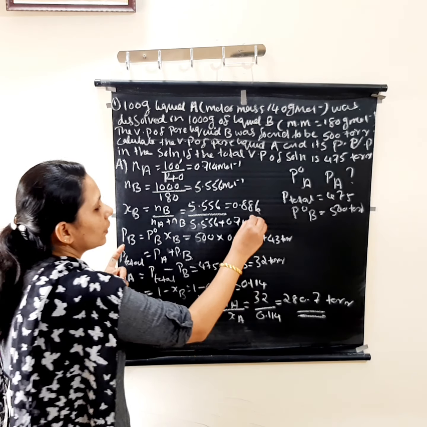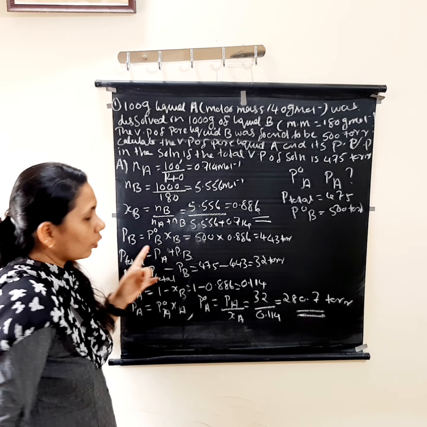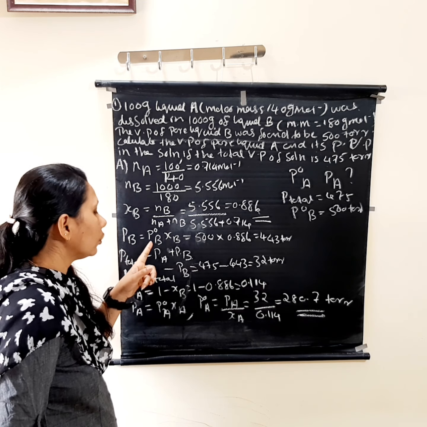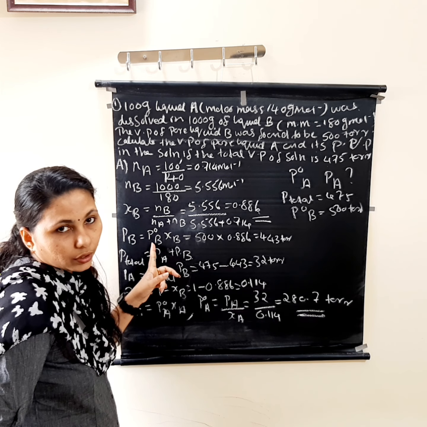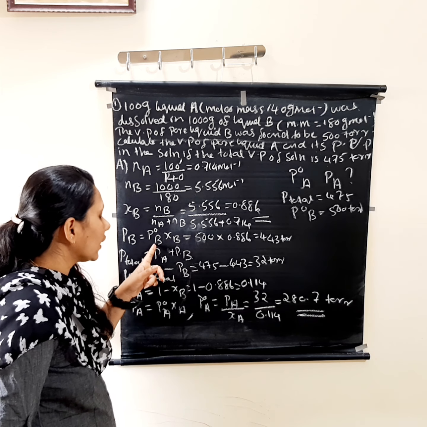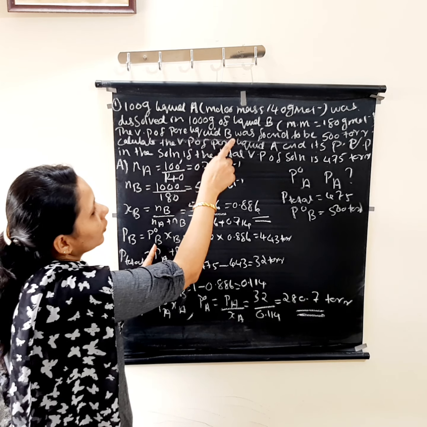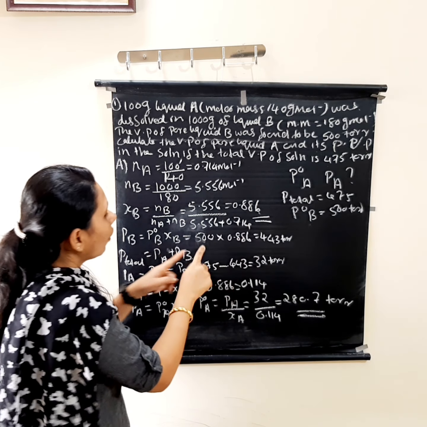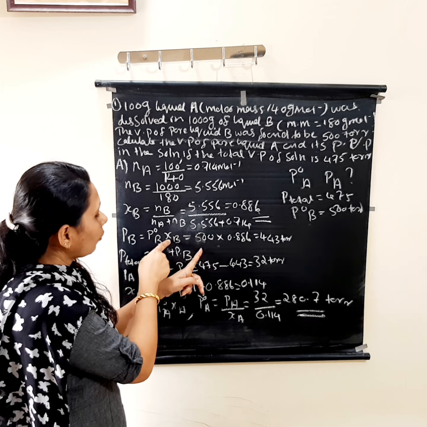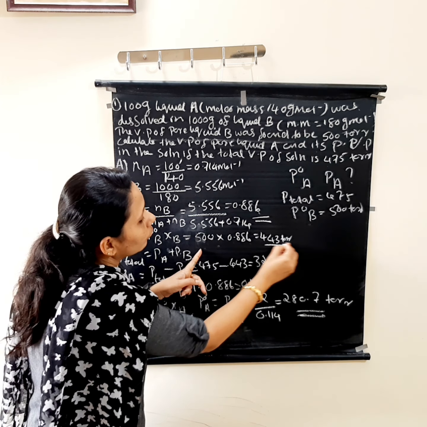So XB we got. Then according to Raoult's law, partial pressure of B equal to the vapor pressure of its pure component into mole fraction XB. P0B is given as 500 torr, into the mole fraction we just calculated, 0.886, that is equal to 443 torr.